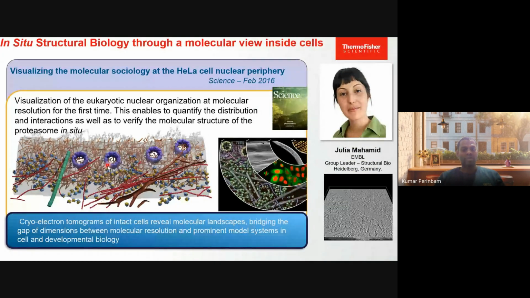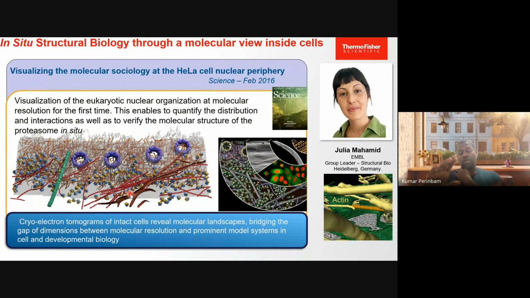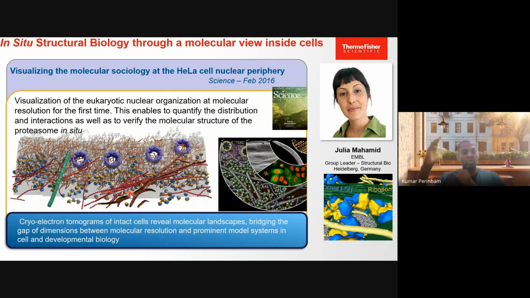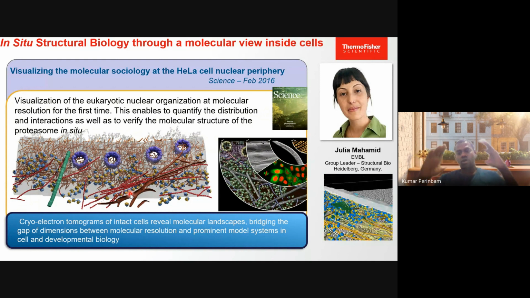So you would get something like an image of a eukaryotic nuclear organization. You can see the membrane proteins as pores, and the endoplasmic reticulum, ribosomes, most of the major molecules, from about 50 to 60 kilodalton all the way up to 10 megadalton, whatever the structure is there.